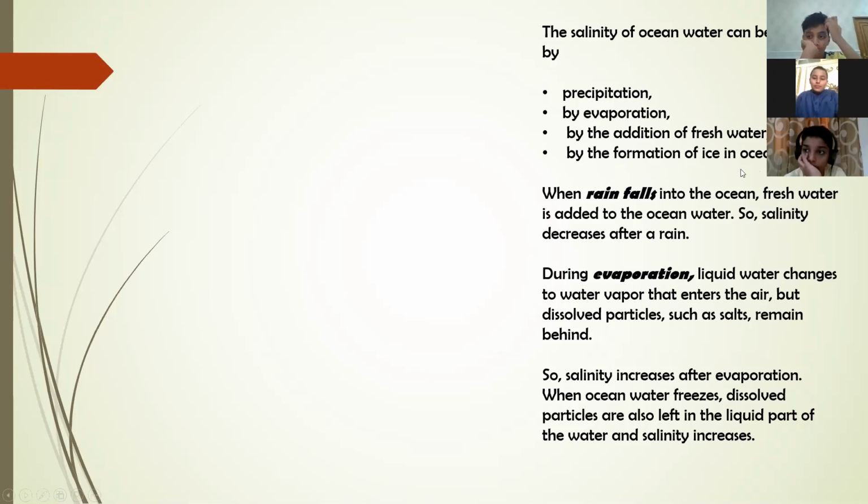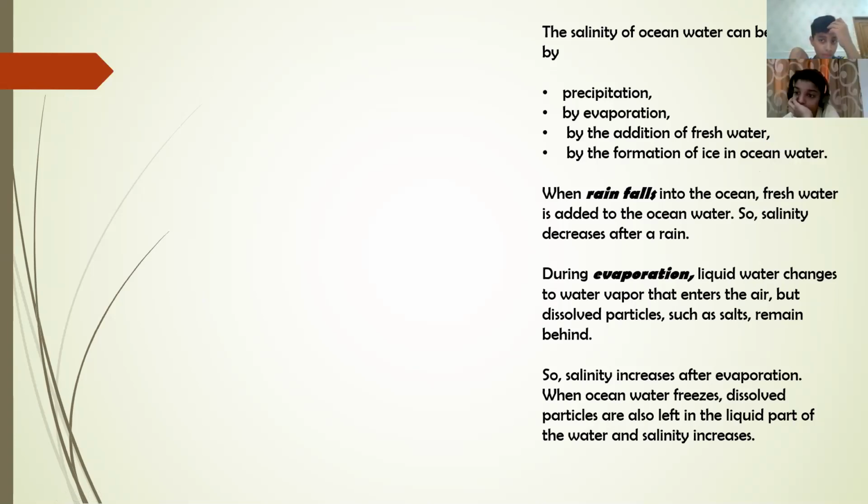What happens when the rain falls? Fresh water will come in, and when you have more water in the ocean, the salinity will become less. Evaporation will make the salinity become more because water is removed from the ocean. When you remove water from the salt water, you have more salt.